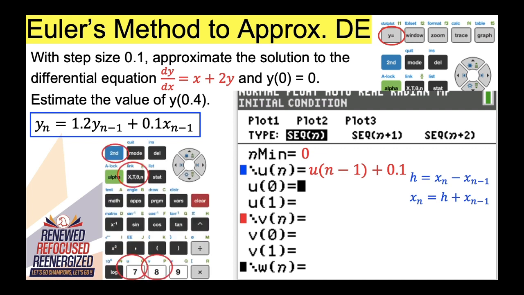You have to press these buttons. So second and the number 7, that gives you the U. So once you have the U already, open parentheses, and then to get the n, you need to press this symbol. Okay, then minus 1, close parentheses, plus 0.1. This is now the function for your x sub n, which in this case we're using the U.